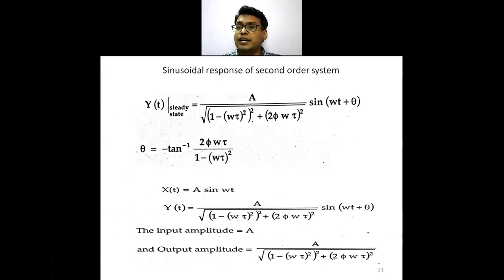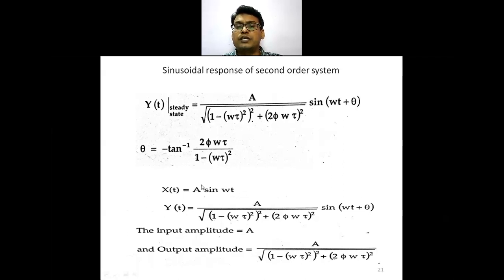The next is the sinusoidal response. The sinusoidal response y(t) at steady state is equal to A upon the square root of [(1 minus omega tau squared) whole squared plus (2 phi omega tau) squared], into sine(omega t plus theta), where theta equals tan inverse of 2 phi omega tau upon 1 minus omega tau squared. The input in this case is x(t) equal to A sine omega t, and y(t) is the response equation.